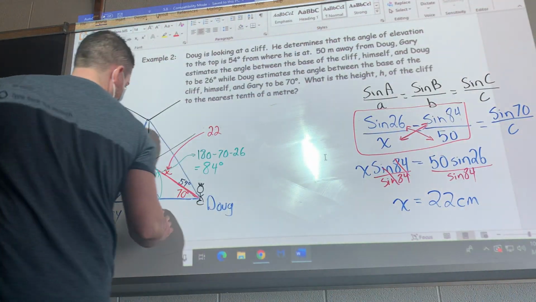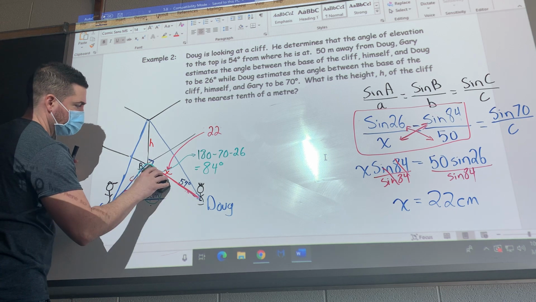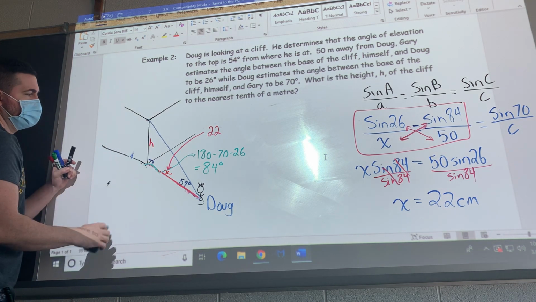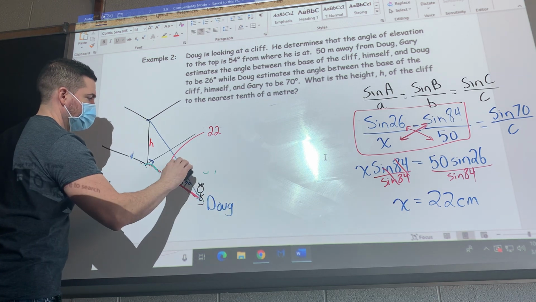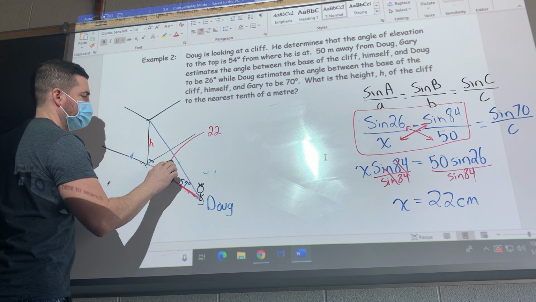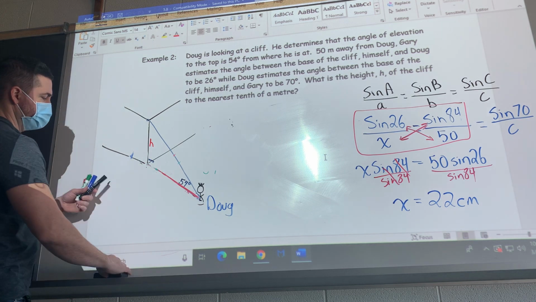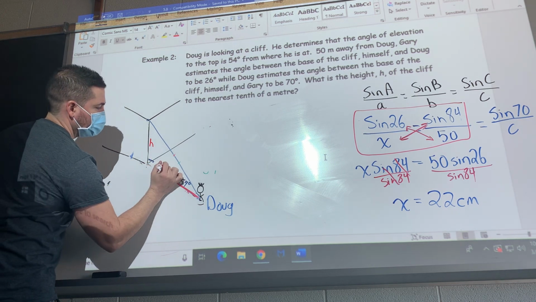And now I'm going to erase this part so we no longer need it. So now I'm just dealing with this triangle here.